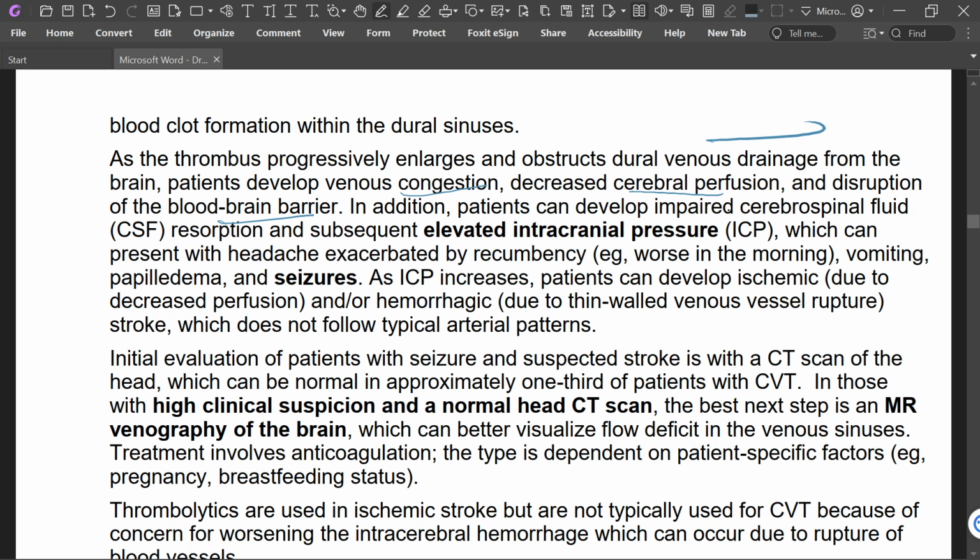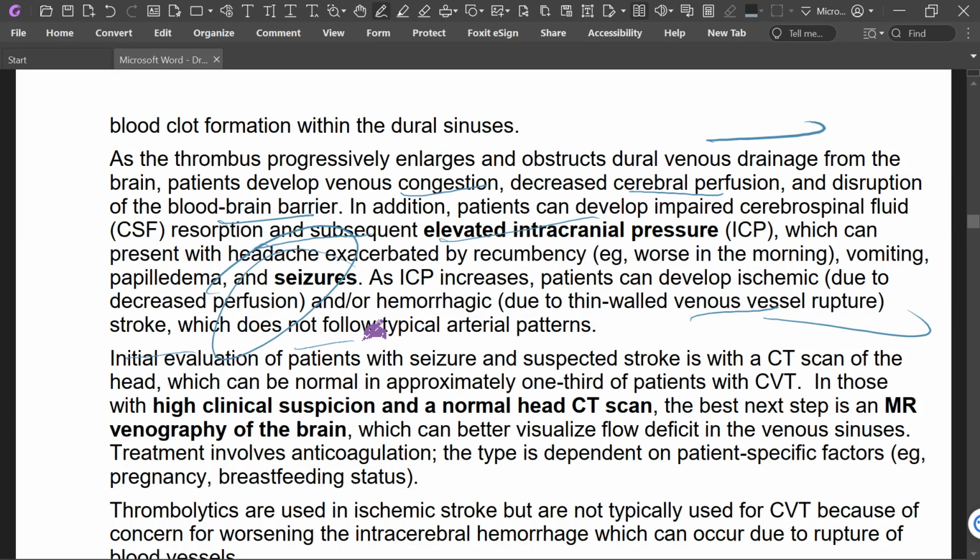In addition, the patient can develop impaired CSF resorption and subsequently elevated intracranial pressure, which can present with headache exacerbated by recumbency, worse in the morning, vomiting, papilledema, and there may be seizures. The patient can develop ischemic stroke due to decreased perfusion and hemorrhagic stroke due to thin-walled venous vessel rupture.